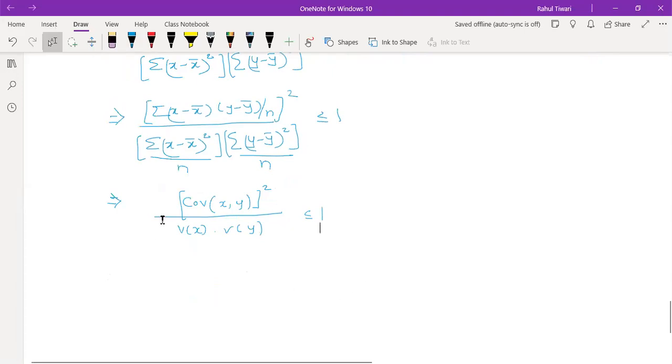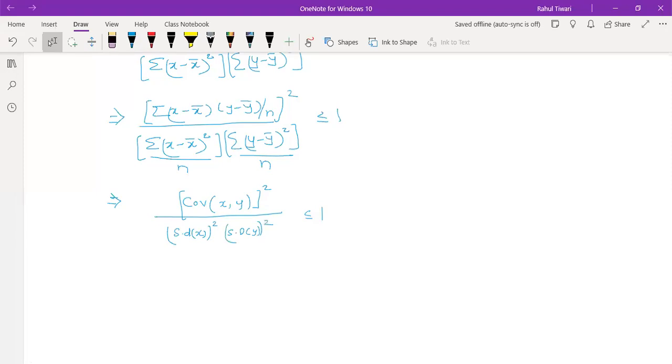Or this can be written as standard deviation of x whole square, standard deviation of y whole square.